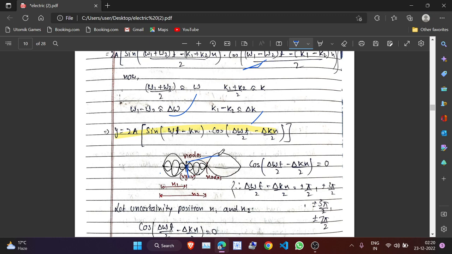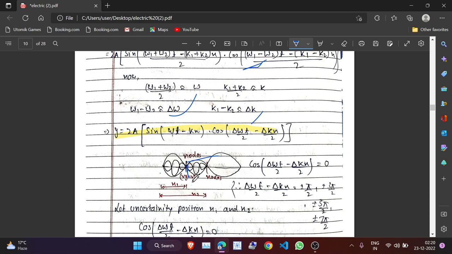So what are nodes? Nodes are the points where the waves and the particles meet. Here the small lines denote the motion of the particle, the particle nature of the matter. So the place where the particle and the wave meet is known as a node.